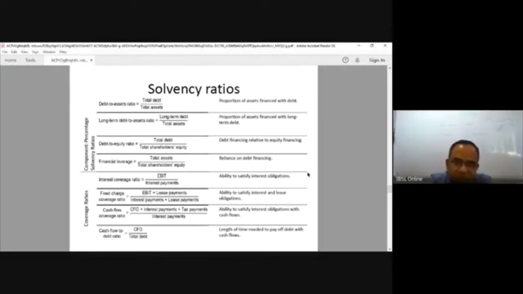As far as we are concerned, this is only the interest coverage ratio. We will look at whether they can pay their total interest plus capital repayment from these earnings. There is the other ratio, EBIT plus lease payments divided by interest payments and lease payments.